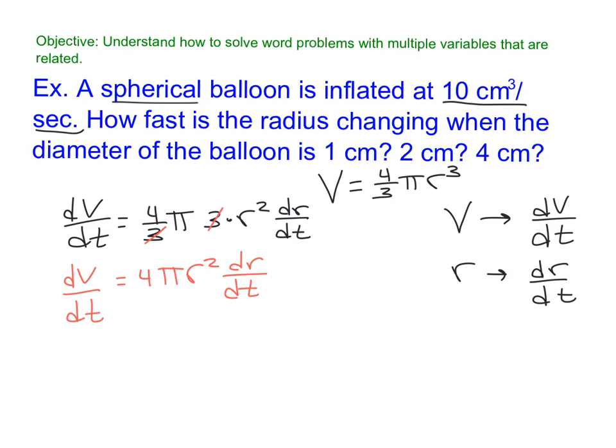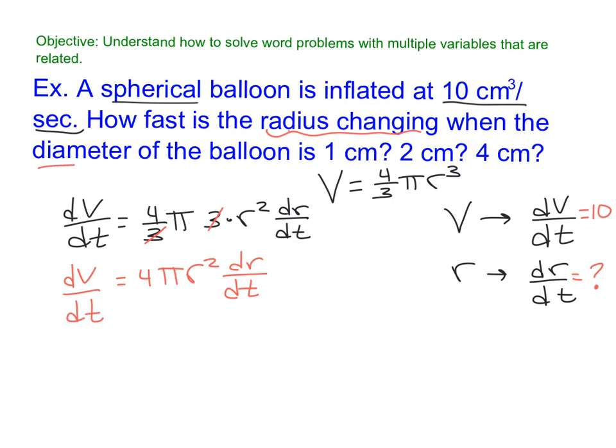So now what are these numbers they gave me? They gave me 10 centimeters cubed per second. What is that? That's my dv dt. Right? How fast is the radius changing? So the radius changing, that's your dr dt. So this is my question mark. Now we're going to fill in, and we're going to have a few different problems.